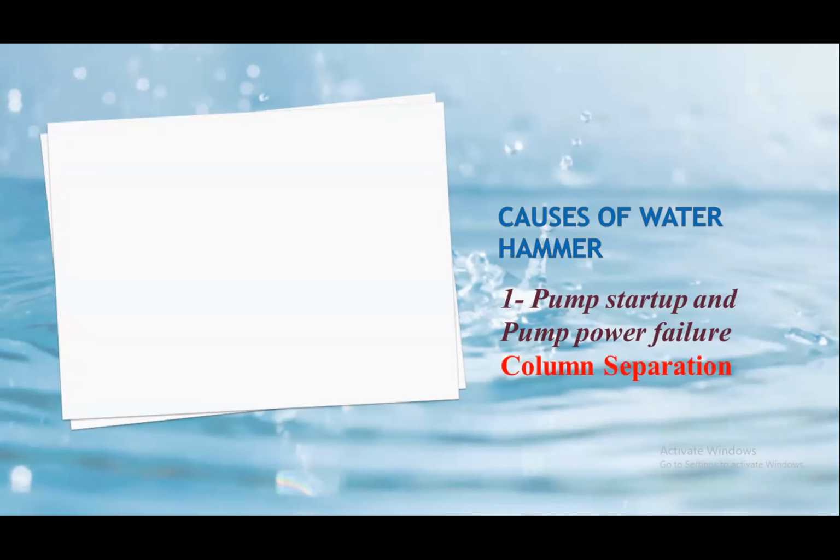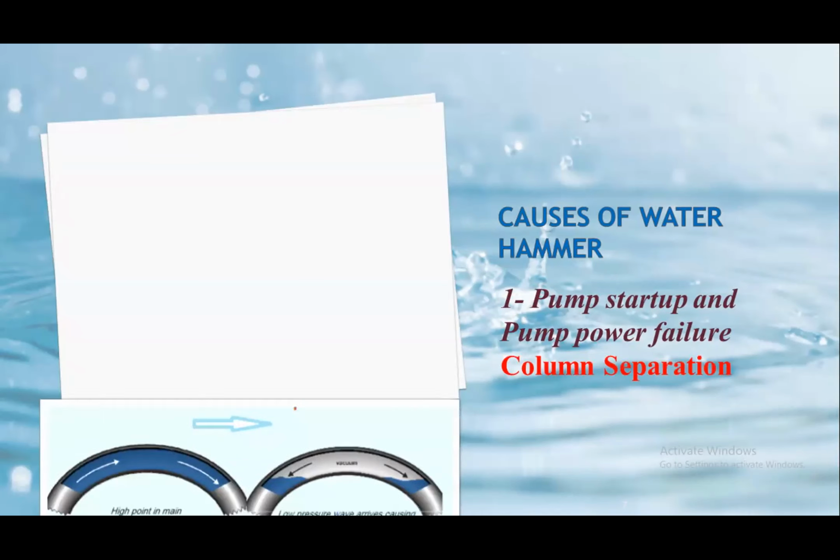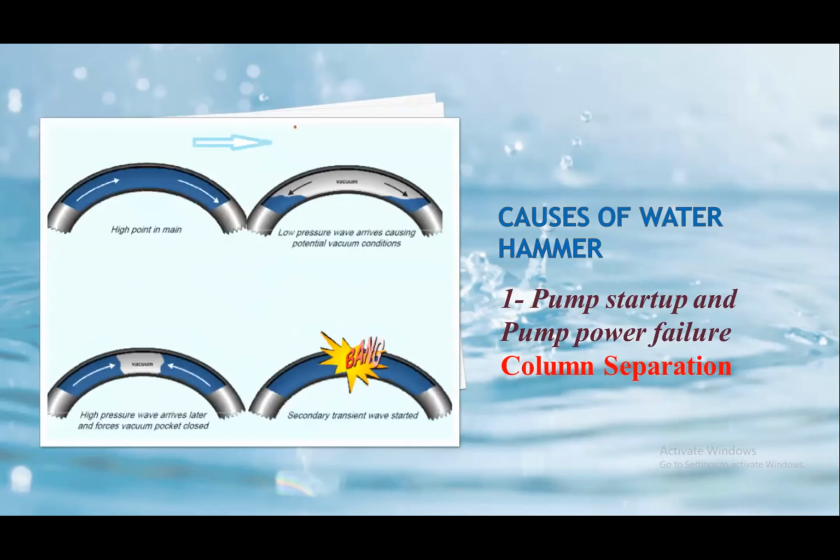Okay, let's say we have a typical pipeline system, as we talked before, and unfortunately that pipe system has a high point in its profile. If the process is going peacefully, there are no problems. But what if we have a pump power failure? Then that will lead to separating the flow into columns, okay?